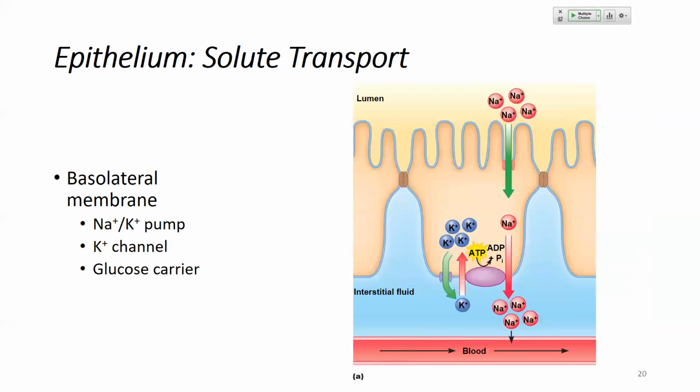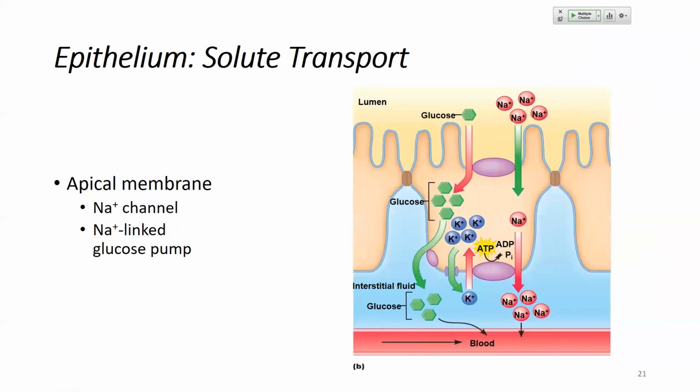We spoke about carrier proteins, and these are examples of facilitated diffusion. So we're using some sort of mechanism, specifically a carrier protein, to transport glucose out of the cell here.